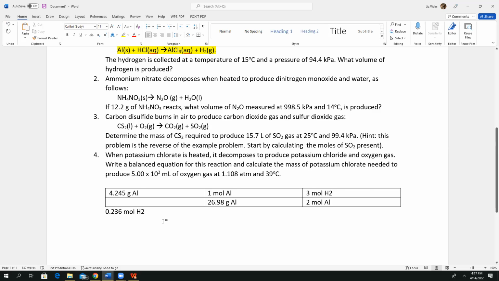Now from there, you just insert the moles of that into your PV equals nRT, solve for V. So V is equal to nRT over P. And then you get your volume from there. Okay.